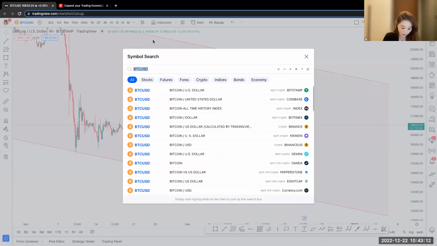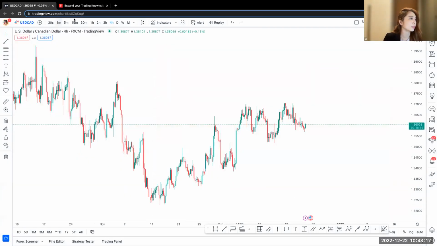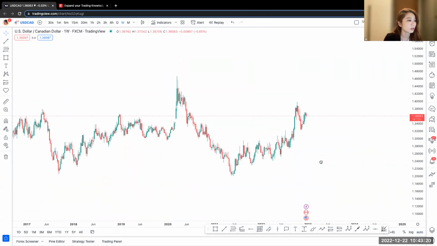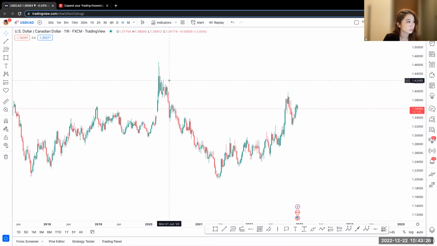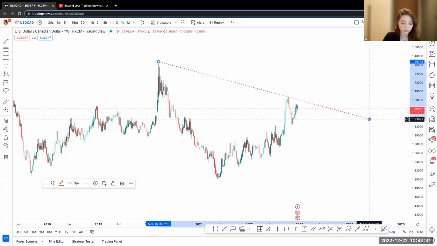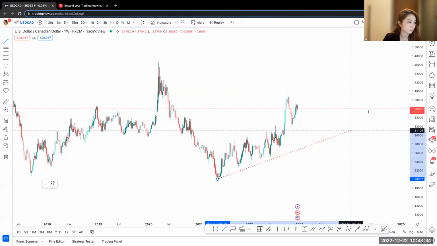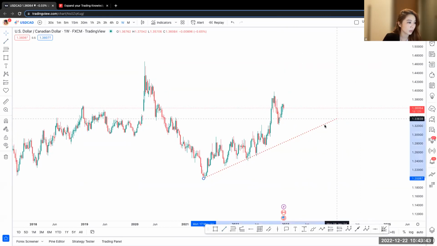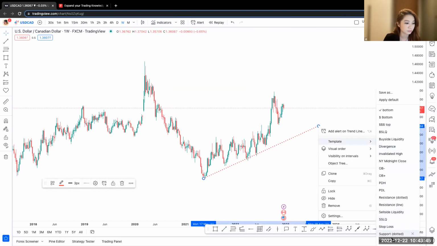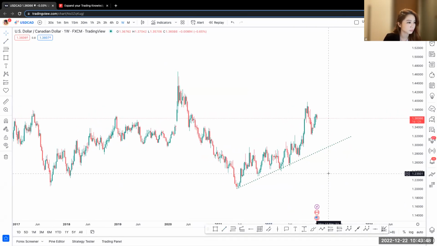Maybe let's take a look at dollar CAD, and then we can look at oil. Okay. Upward moving trend. Interesting upward movement.